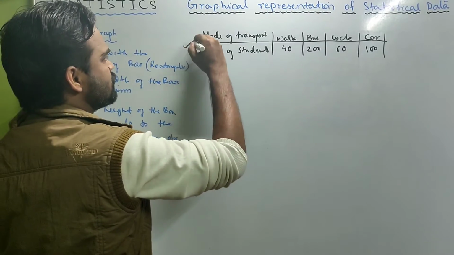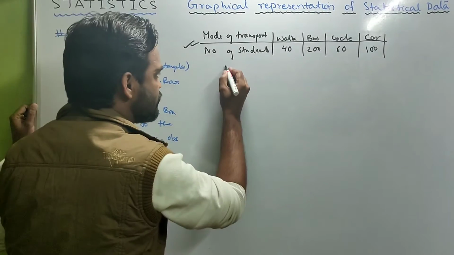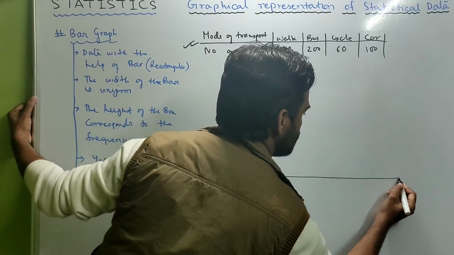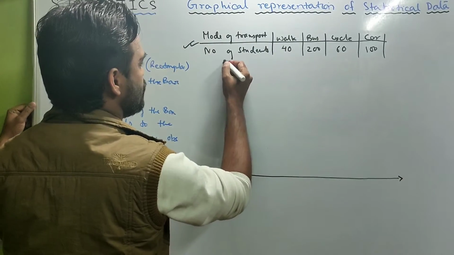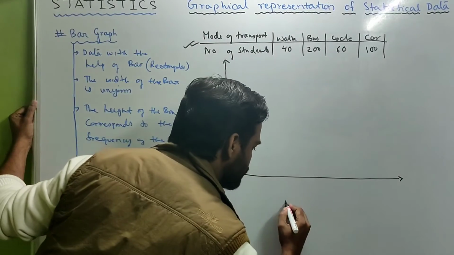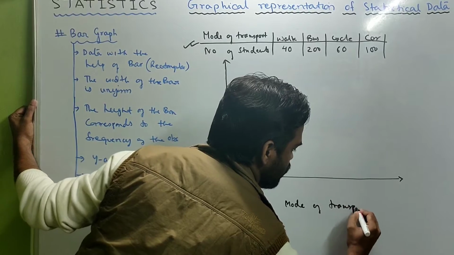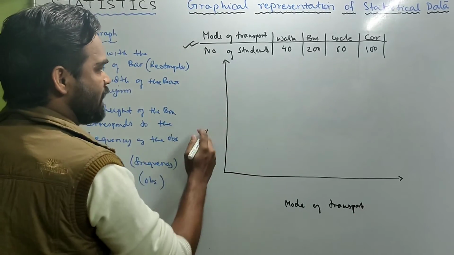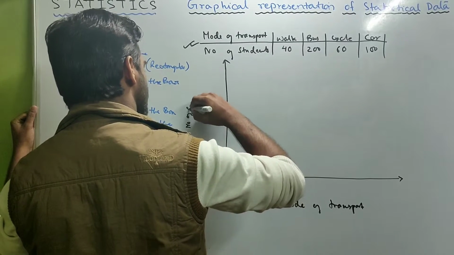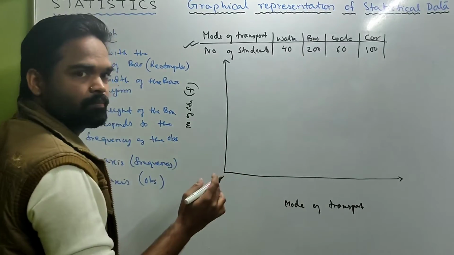Now, how to represent this information with the help of a bar graph? First of all, draw the axes. Along your x-axis, your mode of transport will come. Along the y-axis, number of students will come. So number of students or the frequency, highest is 200.